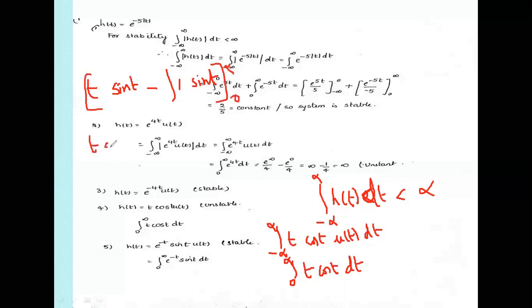And again, you can use t sine t minus, it becomes a plus cos t, with limits infinity and 0. Now t is infinity here, minus cos infinity, and at t equal to 0, cos 0 is 1. Even if it is infinite, the value is there. Infinity, nothing but approximately equal to infinity, unstable system. Got it, my students?